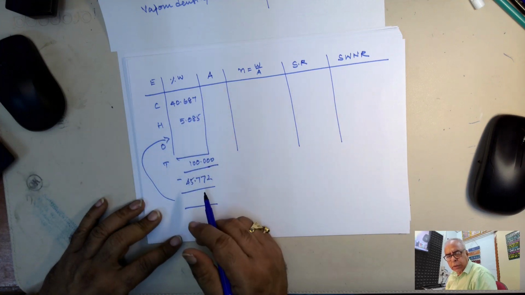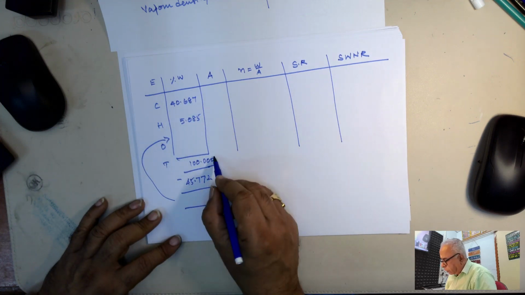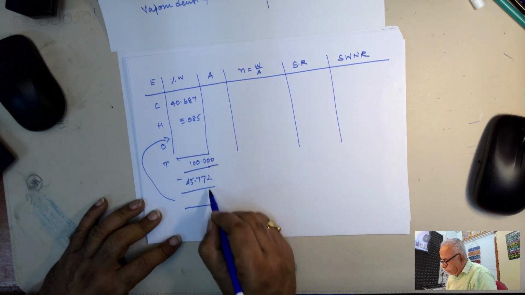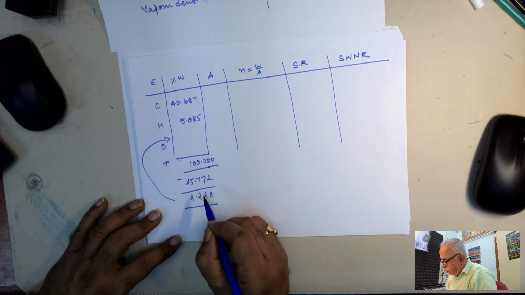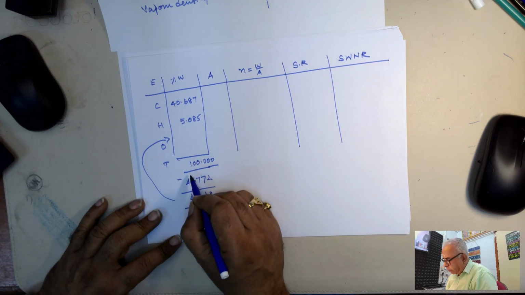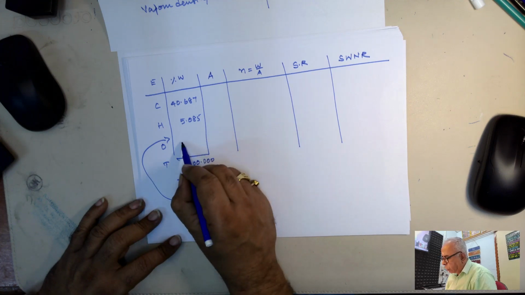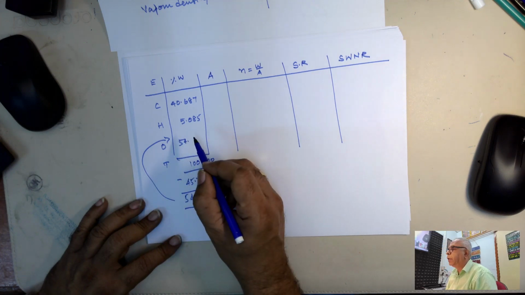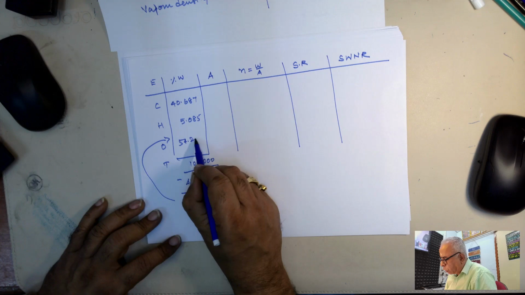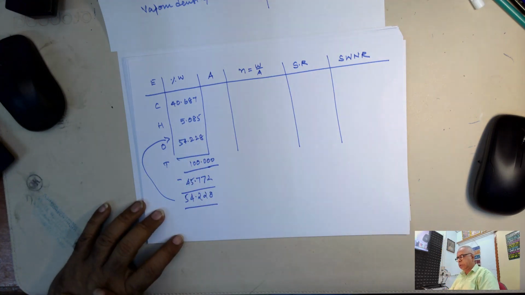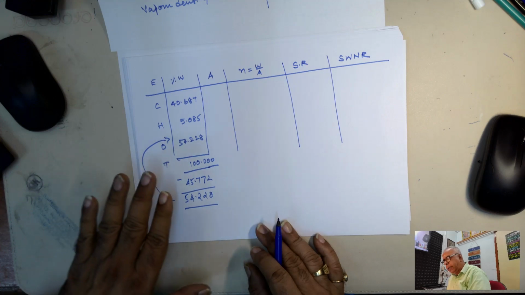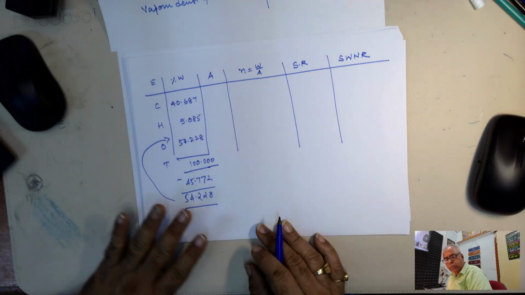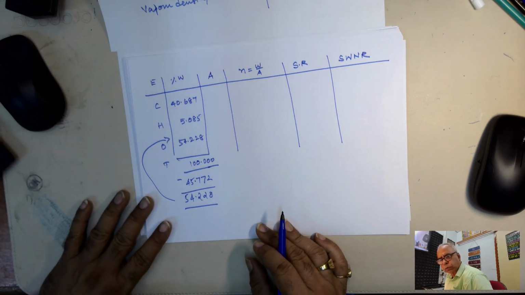The remaining is oxygen. So you have got 54.228 of oxygen. You need not expect all the elements to be given in the problem.